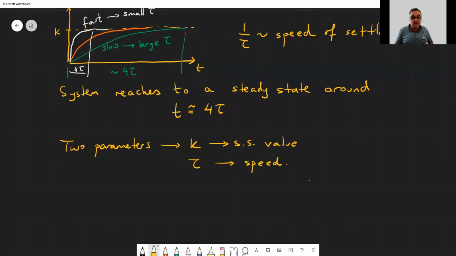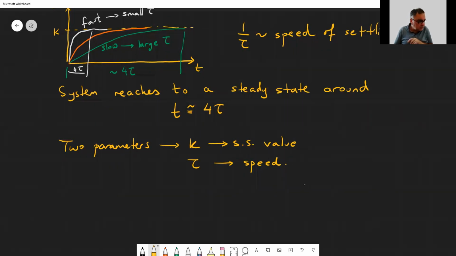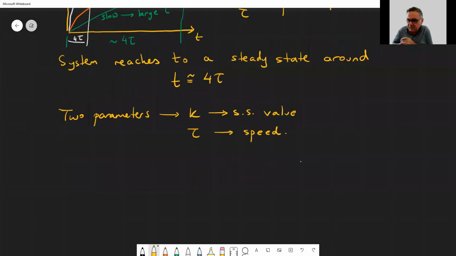One thing that I want to tell you is that in general, the steady state gain, K, can be negative. For example, K can be minus 10. What does this mean?